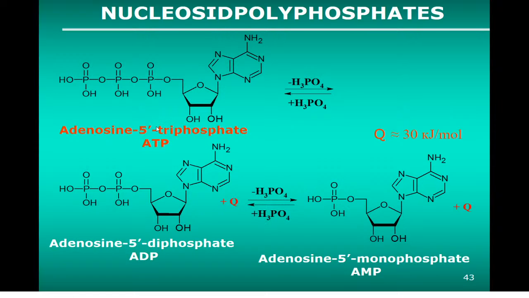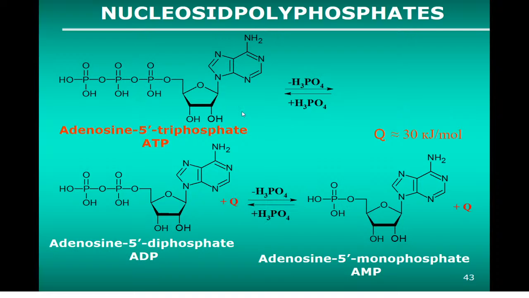Why 5? Because the triphosphate is bonded to the sugar at the 5th position. For shorter, we can write 5 apostrophe ATP, but usually there's no need. When ATP is written, we already understand it's the 5th position.